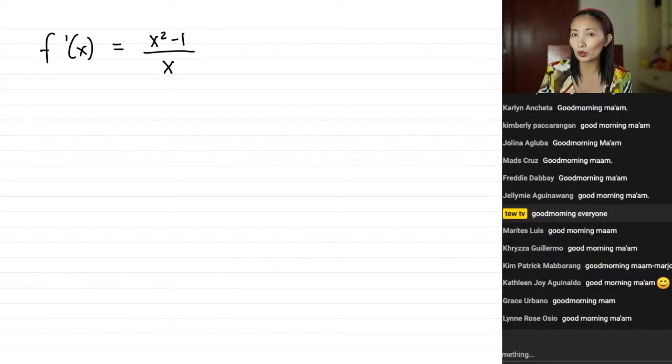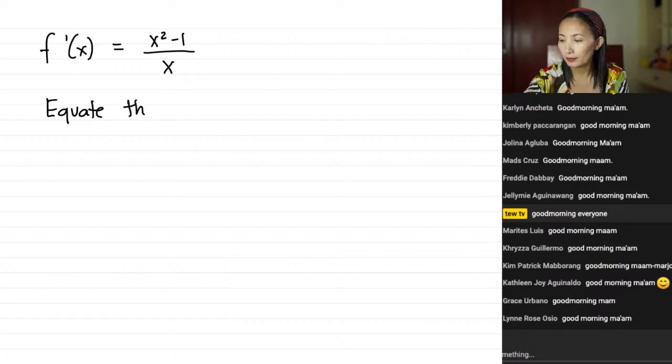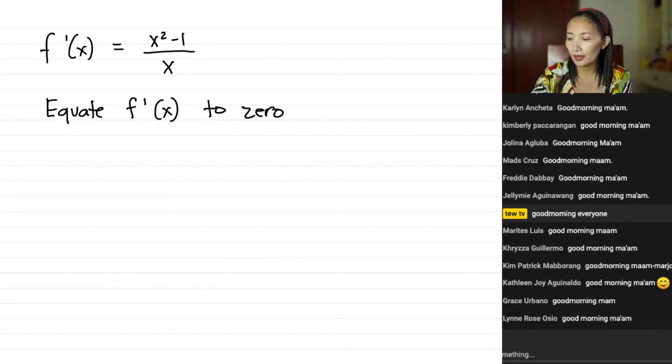How do we identify those values? To find the critical numbers, we equate the first derivative to 0. Equate f prime of x to 0: x squared minus 1 over x squared equals 0.